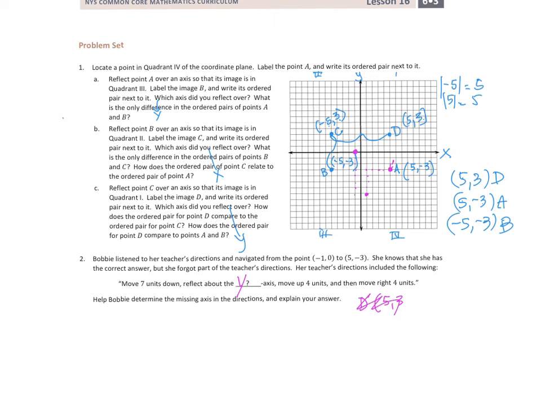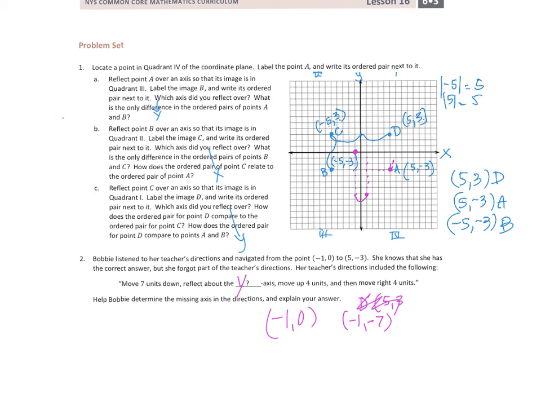So let me first say we started out with negative 1, 0, and then dropping down and reflecting over, we have 1, 2, 3, 4, 5, 6, 7.